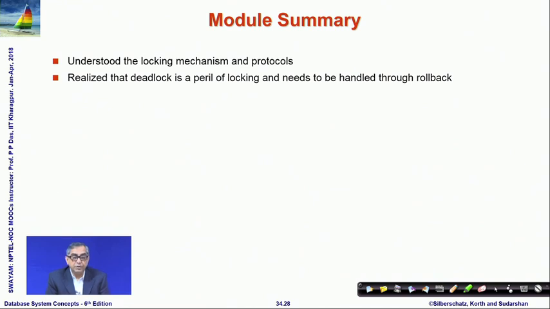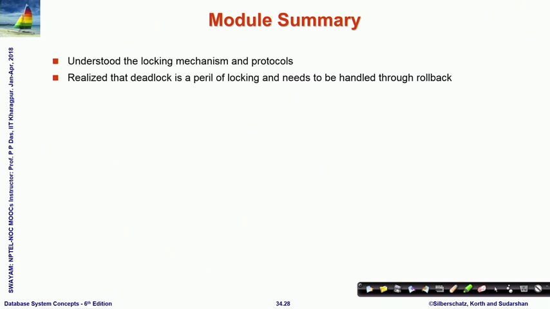If deadlock happens, we will have to roll back one or more transactions and then restart again, but we cannot take the risk of not having serializable transactions, because that might lead to an inconsistent state of the database, which is not acceptable.